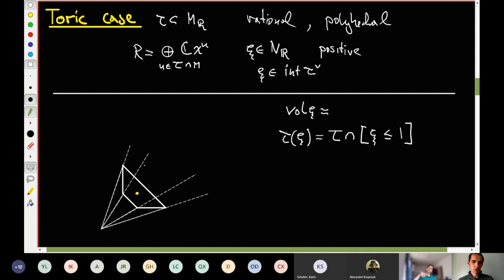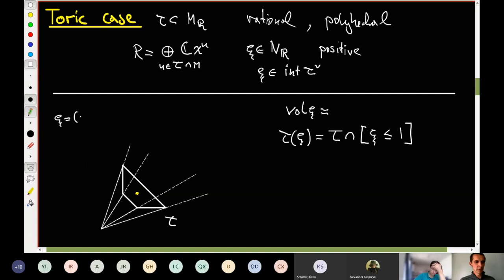Okay, so to give an example, we can take a reflexive polytope, this one here, and we embed this reflexive polytope one dimension higher on a hyperplane in height 1, and then we take the cone over this polytope. So the usual construction. And let's say this is our tau here, and we fix a certain choice of xi.